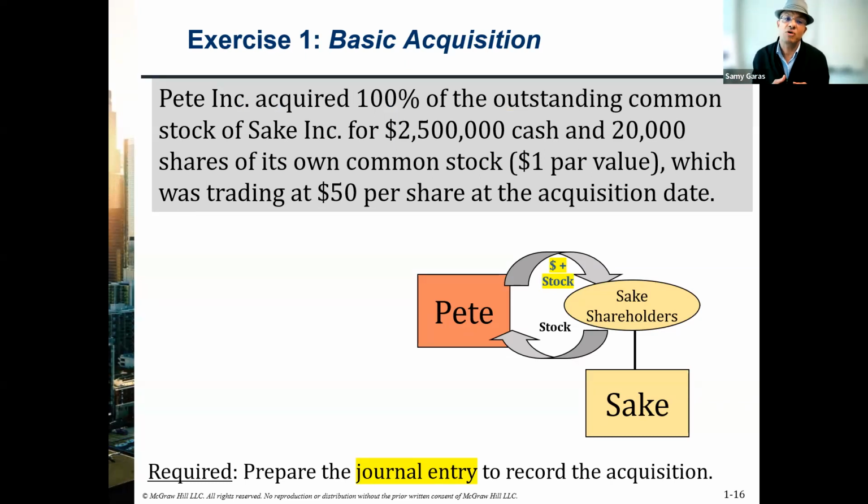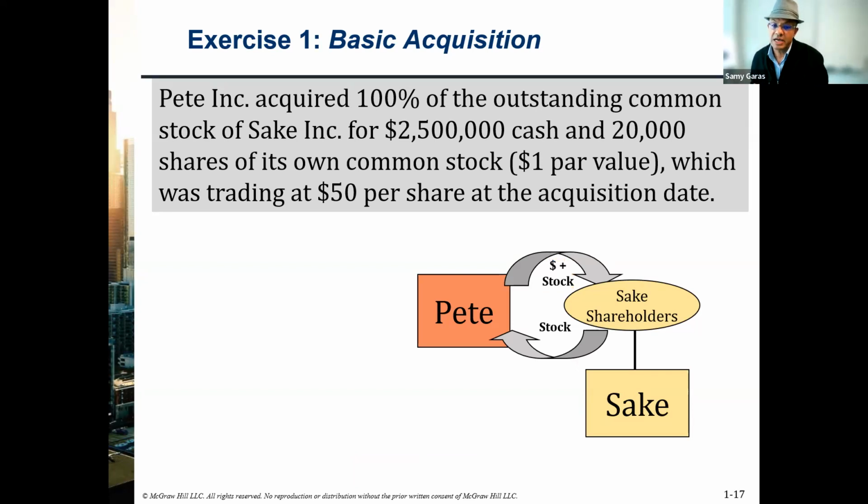The par value of the share is $1. It means the common stock will be equal to $20,000, and the fair market value for each share is 50. So the $49, which is the difference between the fair market value and the $1 par value, goes to additional paid-in capital.